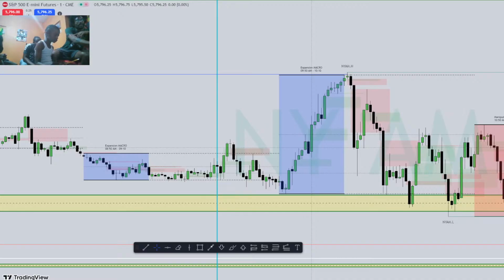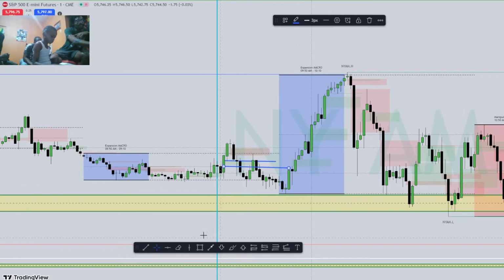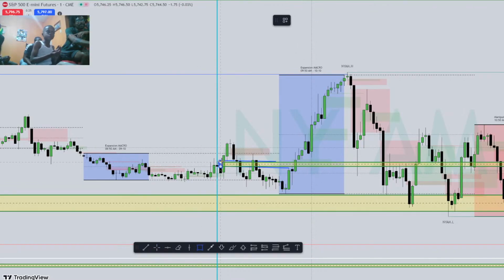And then how do we check? We do the low of that bar 3, and then we do the high of bar 1. Like so. And then we just fill it in like that.